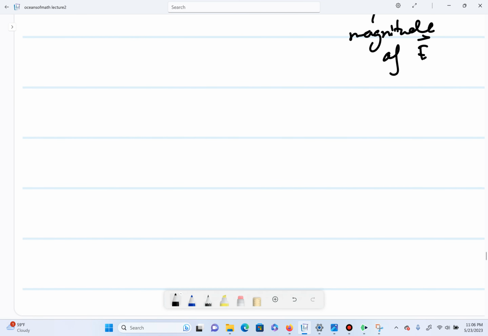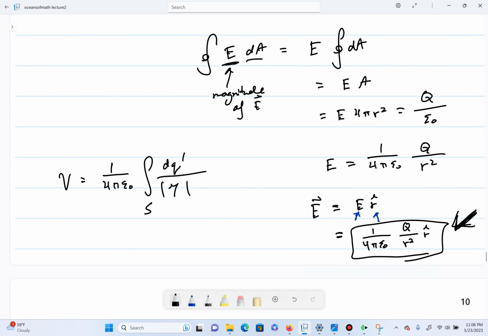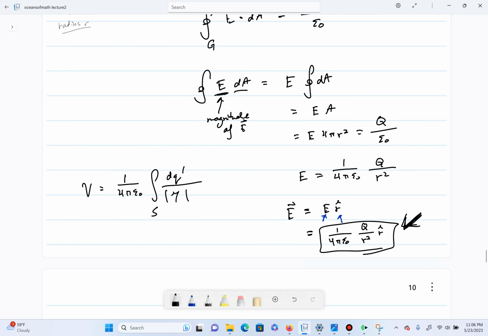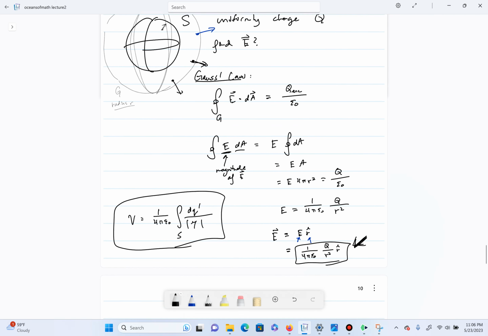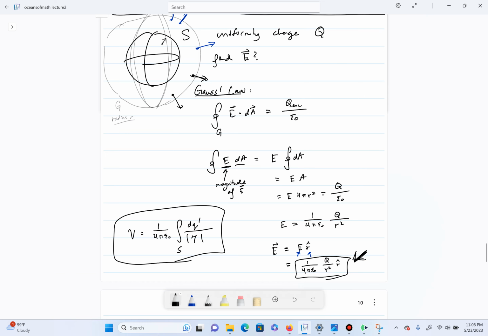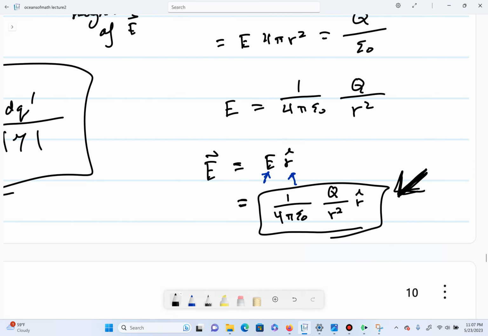Let me just remind you, you could have also used V is equal to 1 over 4 pi epsilon naught, the integral of dq prime over the magnitude of script R, which is much simpler than even the calculation that I was doing, but it's still going to be a gross integral. So why don't you try solving for this using brute force and verifying that integral is indeed equal to this result that we've gotten here using Gauss's law.